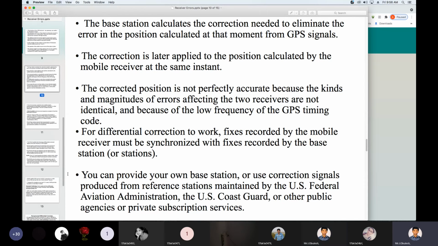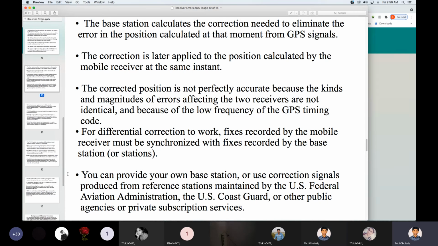For differential correction to work, fixes recorded by the mobile receiver must be synchronized with fixes recorded by the base station.